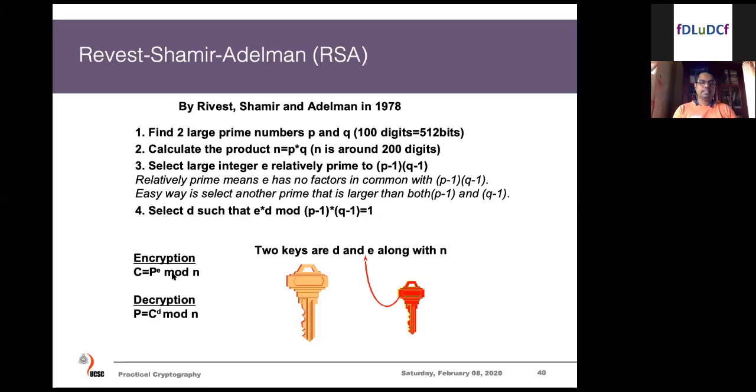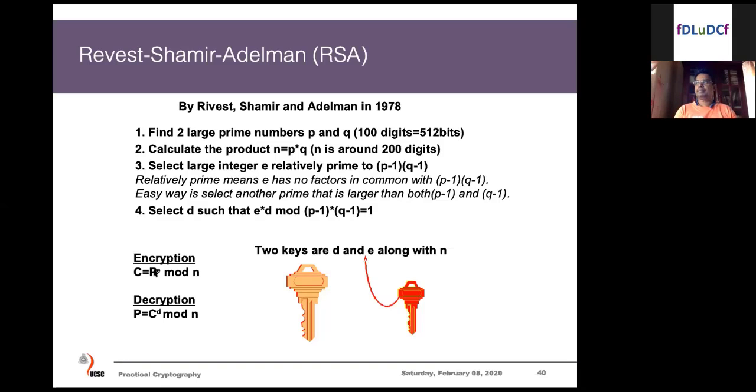The encryption equation says any plaintext P to the power of E modulo N gives the answer C, the ciphertext. That's how we do encryption in RSA. P is our plaintext.